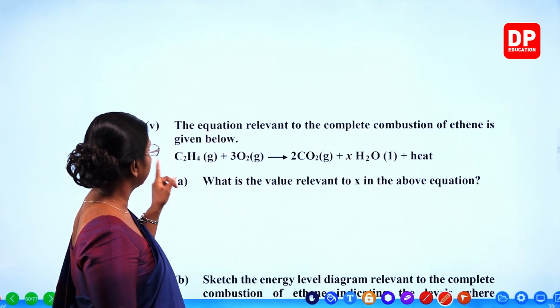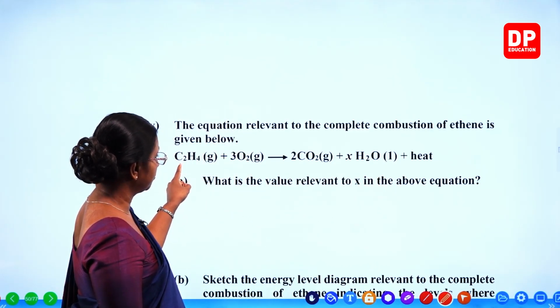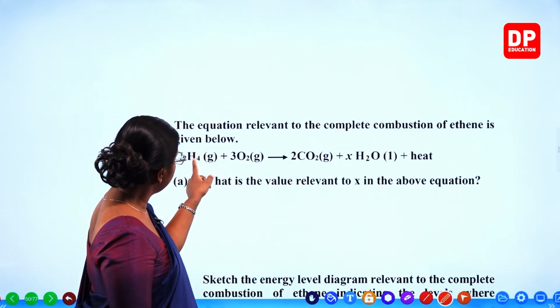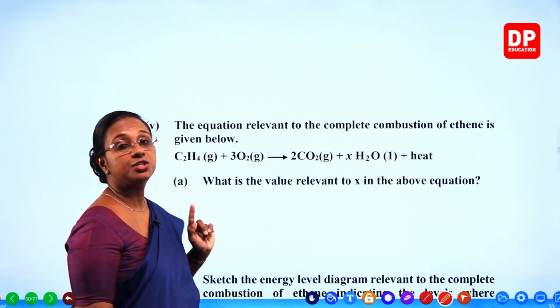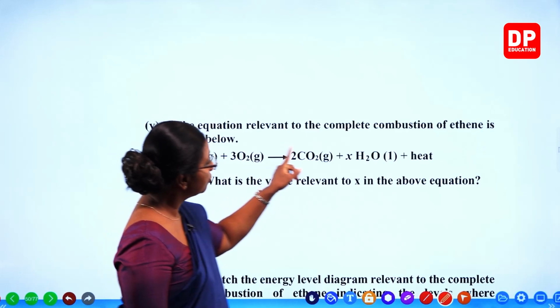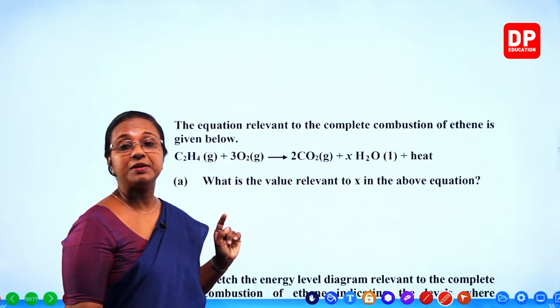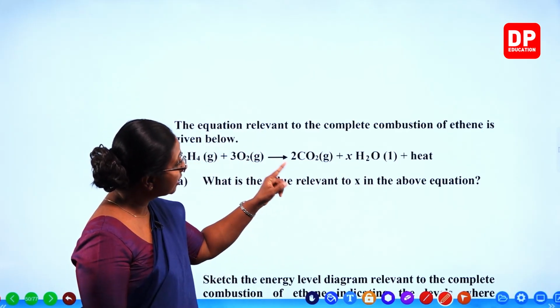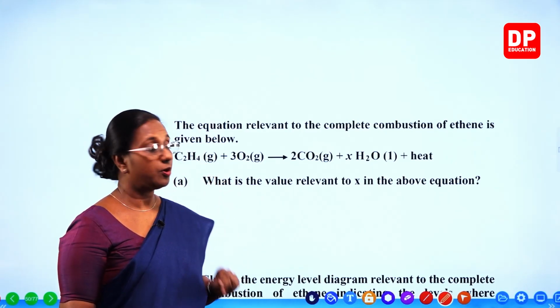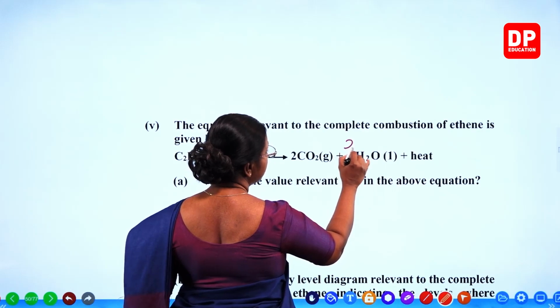Now carbon C2, there are 2 CO2, carbon is balanced. There are 4 hydrogen atoms in ethene. So those 4 hydrogen atoms should be present in water. Water is H2O, so you need to have 2 water molecules. So X has to be 2.